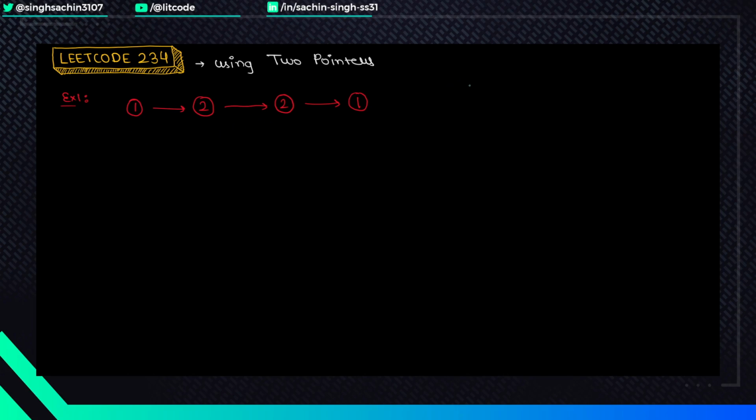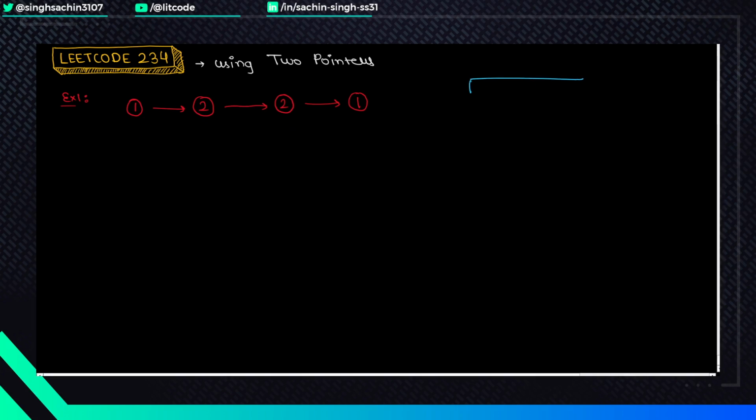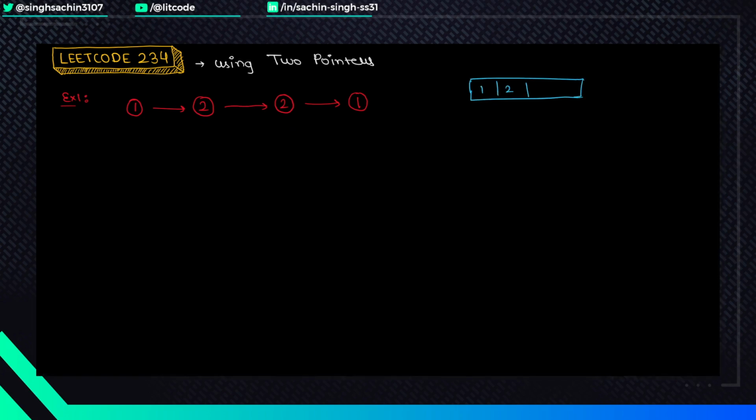The idea behind this is, let's assume we have an array with 1 2 2 1. What I want to do is break this array from the mid and reverse the other side. If you do that, you will have two sub arrays with same numbers, and you can easily compare these arrays, right?